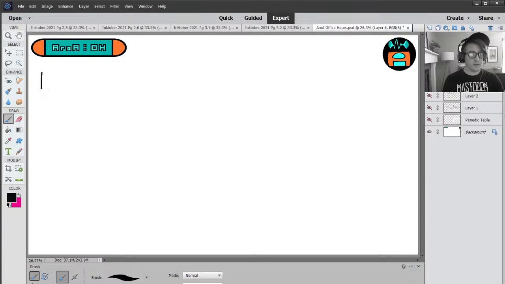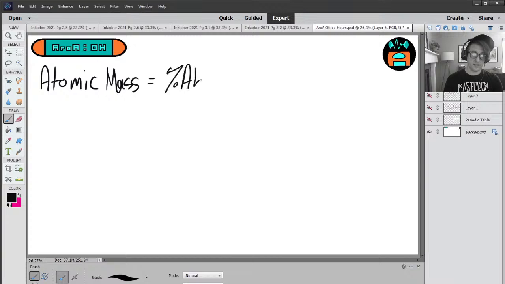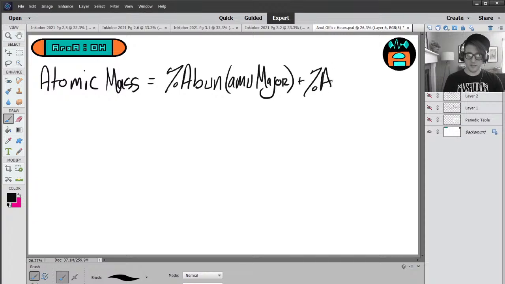So our atomic mass will equal the percent abundance times the atomic mass of the major plus the percent abundance times the atomic mass of the minor. All right, that is how you calculate atomic mass.